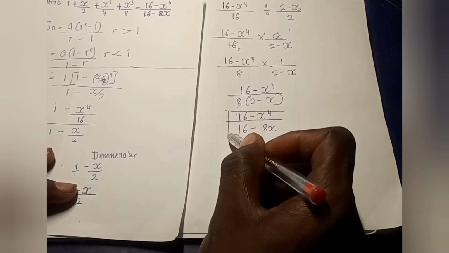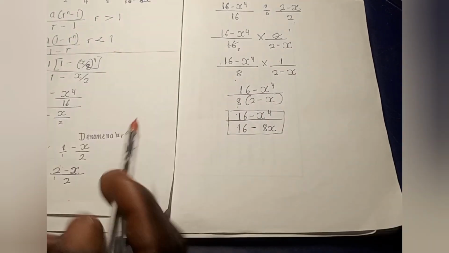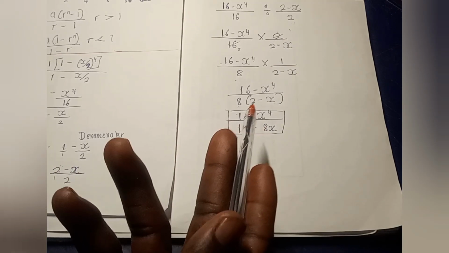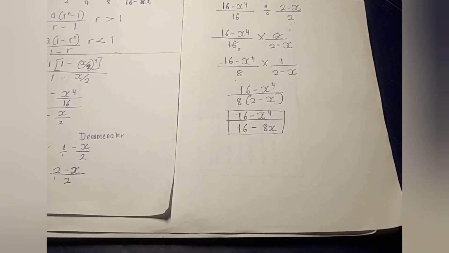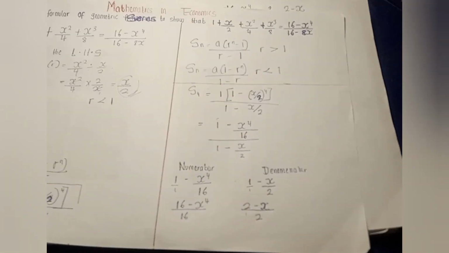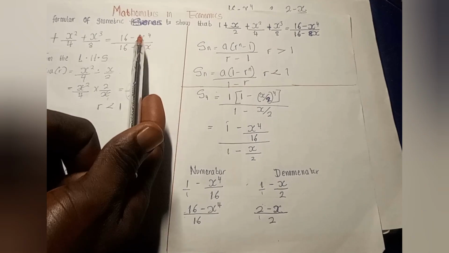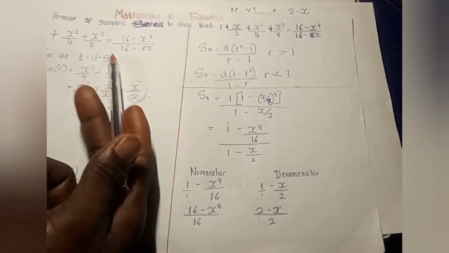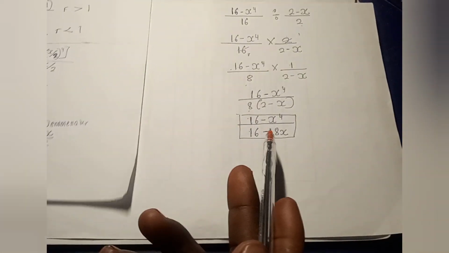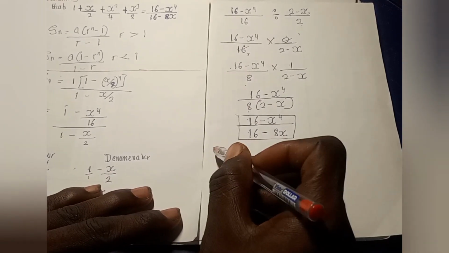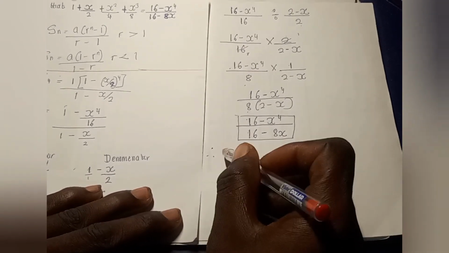So we have easily proved. I'm going to be having 16 minus x raised to power 4 over 16 minus 8x, which is what we are asked to prove here. Don't forget, which is what we have been asked to prove, which is 16 minus x raised to power 4 over 16 minus 8x. So we have easily proved this. Therefore, you can put it to get a full mark.